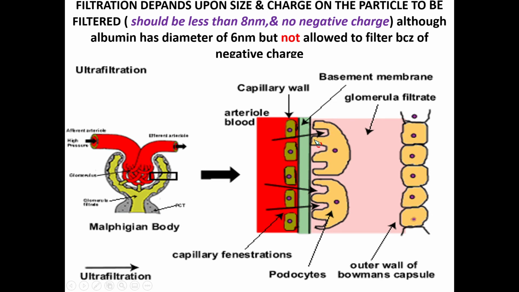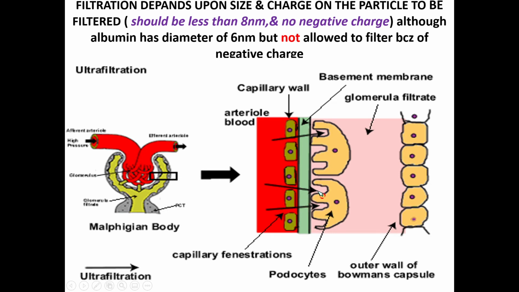There are spaces between these finger-like extensions, known as slit membranes, where the glomerular filtrate comes. So this big cell is known as the podocyte, and this is the fenestration of the endothelium.